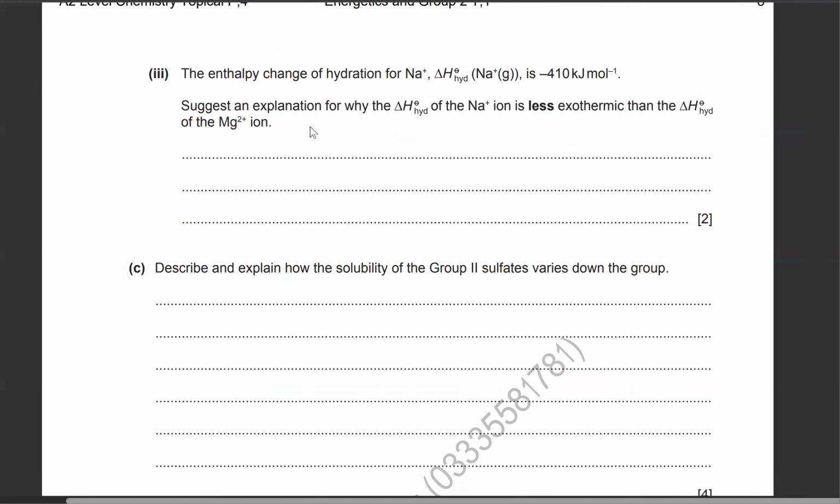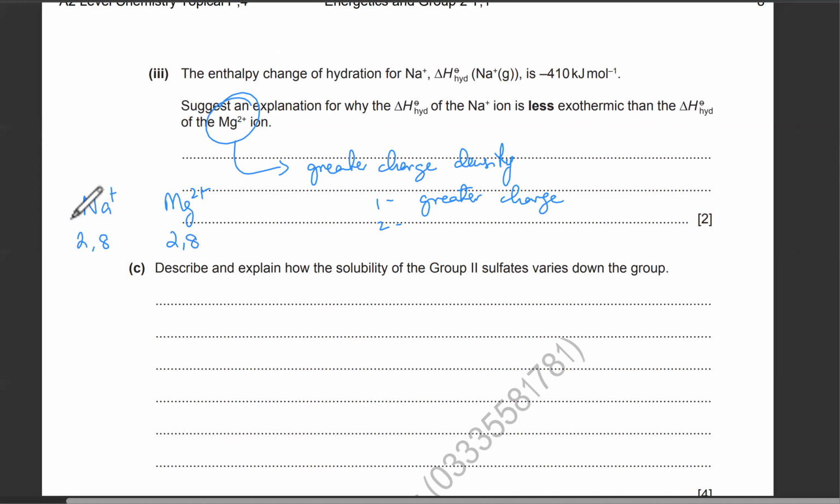Ibrahim, what will it be? Ionic radius. No, the first thing is obviously it's got a greater charge. It's got a double charge, right? And second, it's also smaller in size. Remember, Na+ and Mg2+ both have the same number of electrons, so they should have the same size.